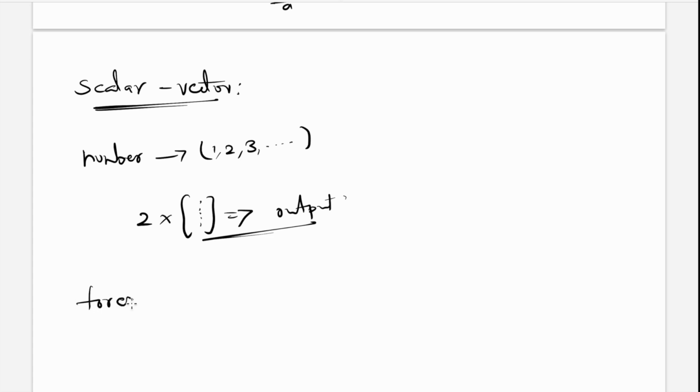For example, let's say the scalar is equal to 2, and we have a vector v, which is 2 and 3.